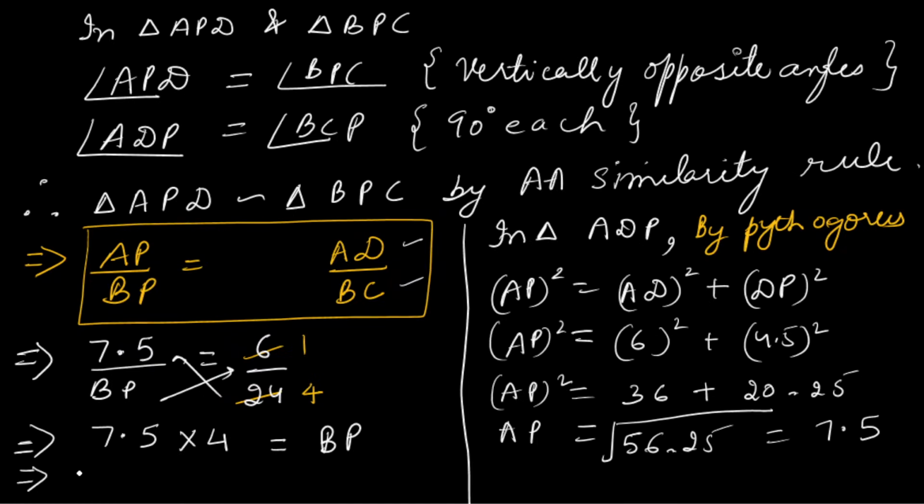BP is equals to 3 centimeter. 3 we are getting. BP is equals to 3. 75 into 4. 4 into 5, 20. 4 into 7, 28 plus 30. Is it 3 or 30? The 7.5 into 4, if I multiply, I am getting 30. It's 2.4.